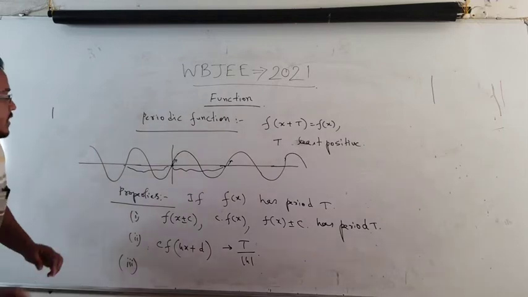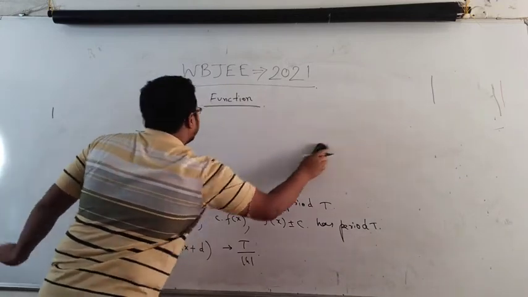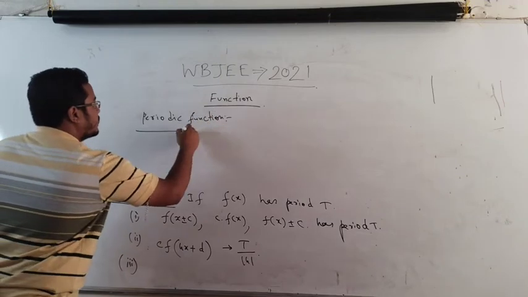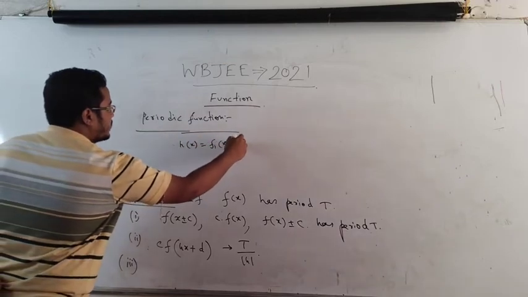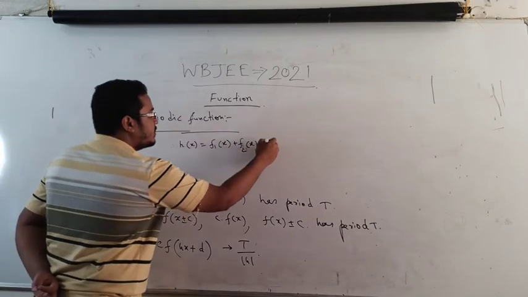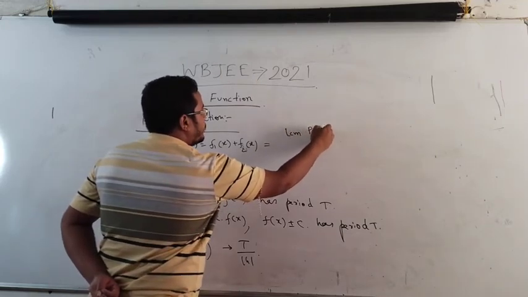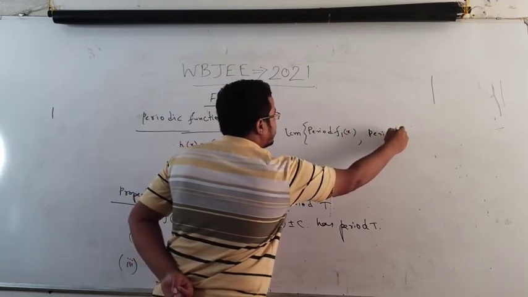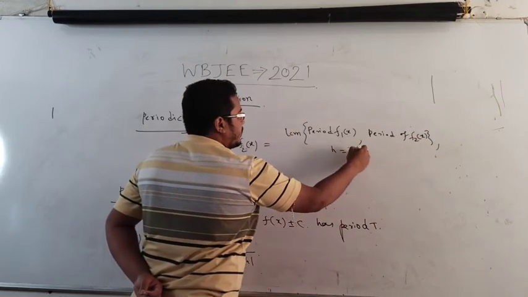If we consider the addition of two different functions, let's say h(x) = f1(x) + f2(x), then its period will be the LCM of the period of f1(x) and the period of f2(x), provided h is an even function.